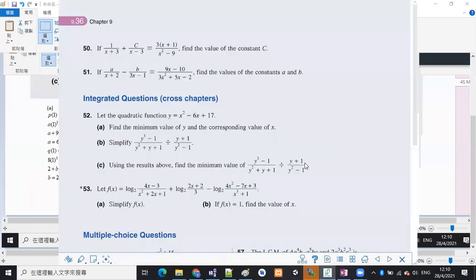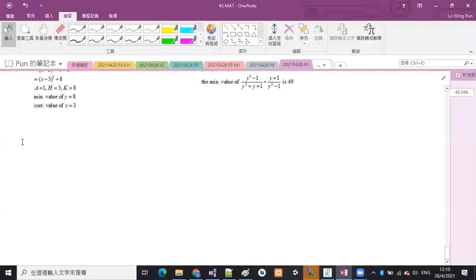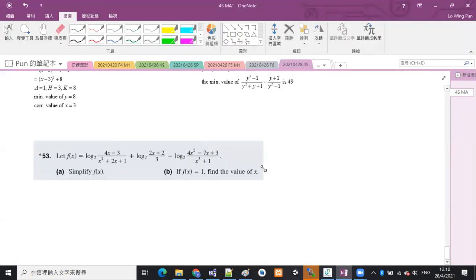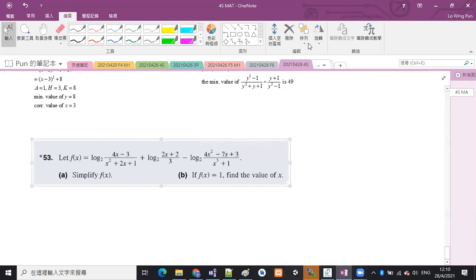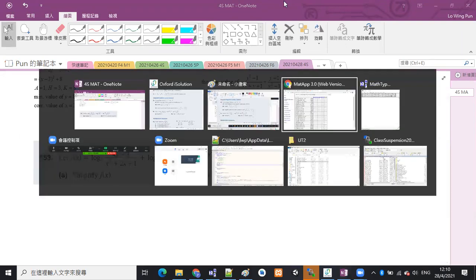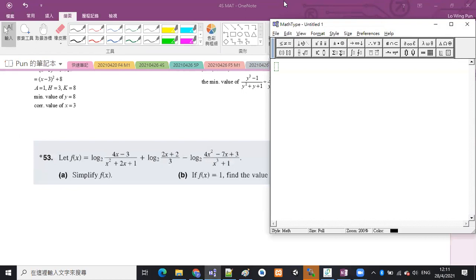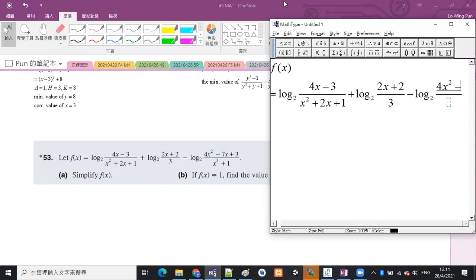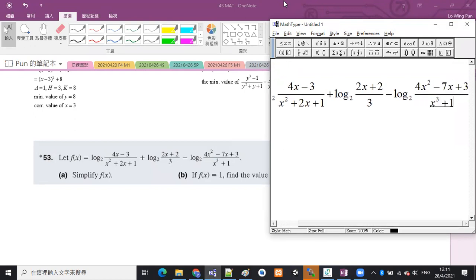Number 53. It is about log. So f(x) is this. In part A, we need to simplify f(x). So it is log base 2, (4x minus 3) over (x squared plus 2x plus 1), plus log base 2, (2x plus 2) over 3, minus log base 2, (4x squared minus 7x plus 3) over (x cubed plus 1).